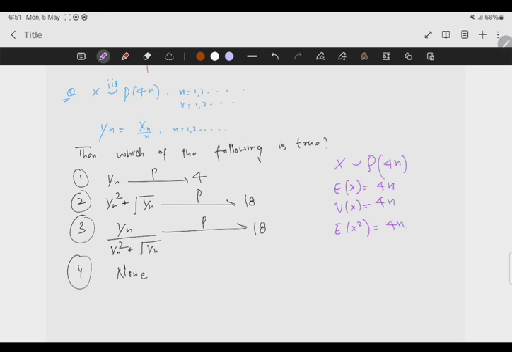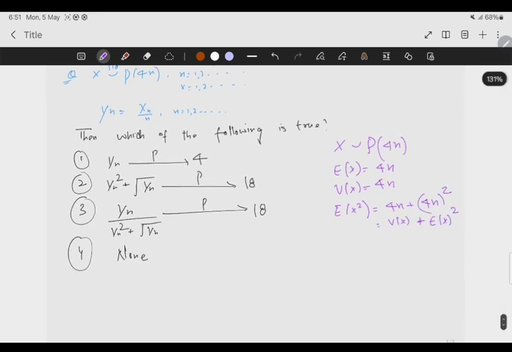That is nothing but 4n plus 4n square, that is variance of X plus expectation of X square. Clear? So now what's Yn? Yn is Xn divided by n. What's expectation of Yn? That is expectation of Xn divided by n.